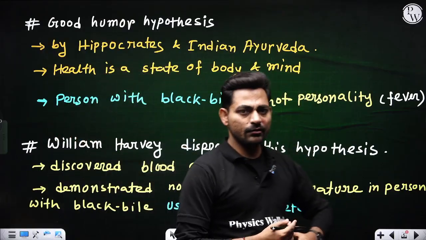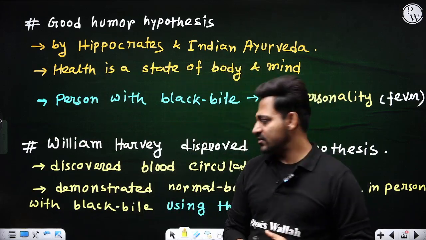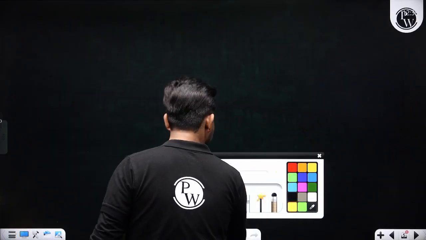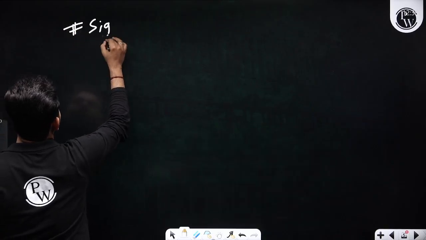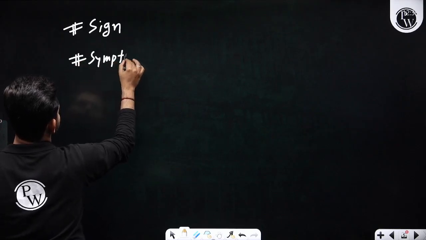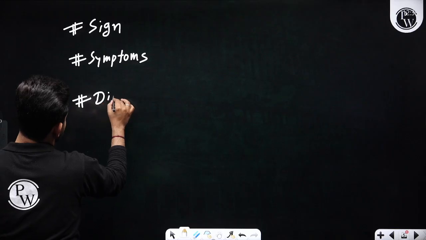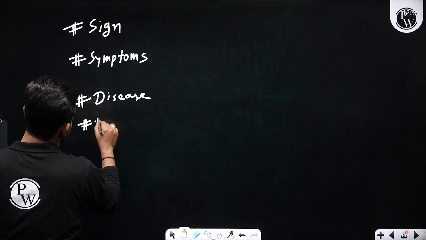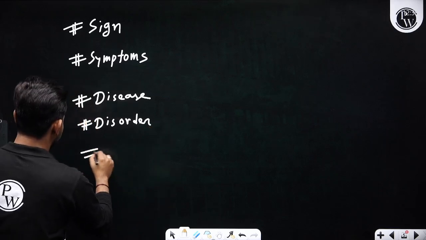Now, when we are discussing health and disease, we need to learn some terminologies related to that. Those terms are sign, symptoms, disease, disorders, and syndrome.